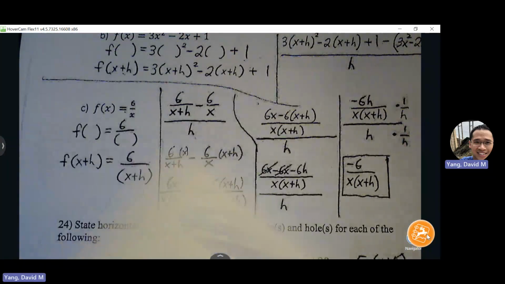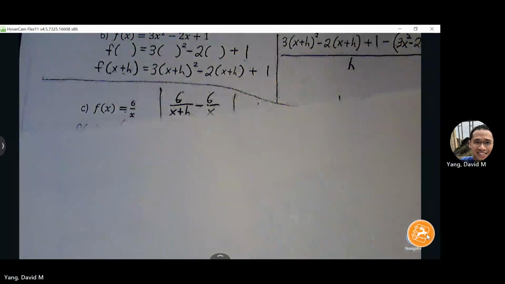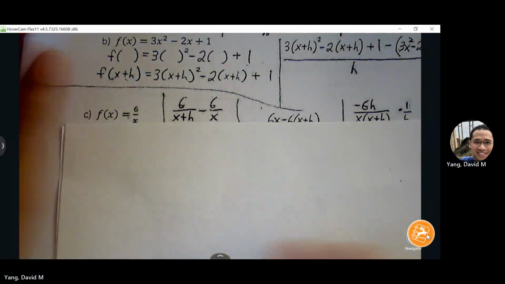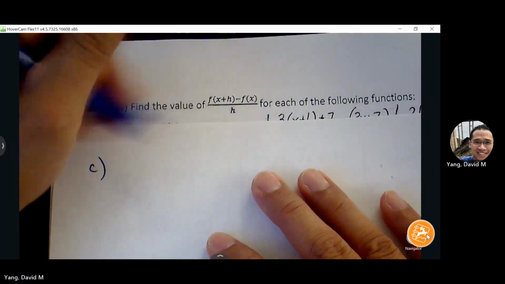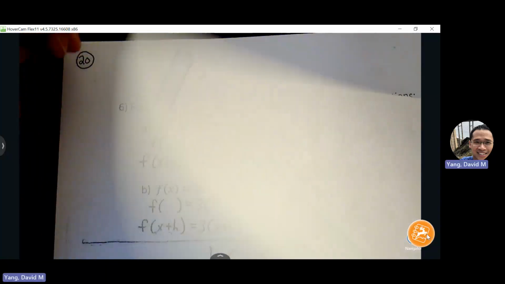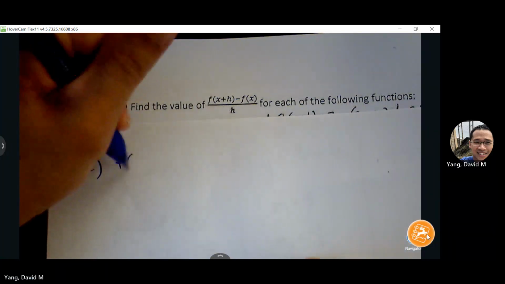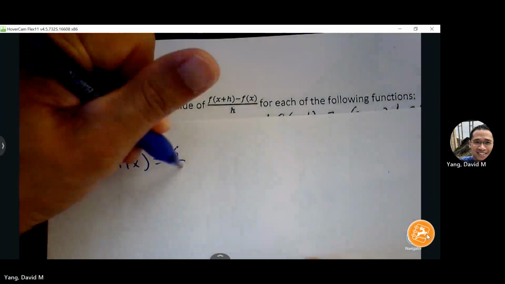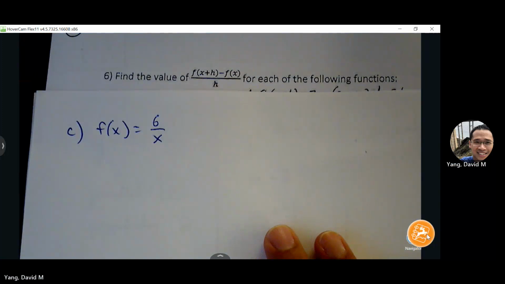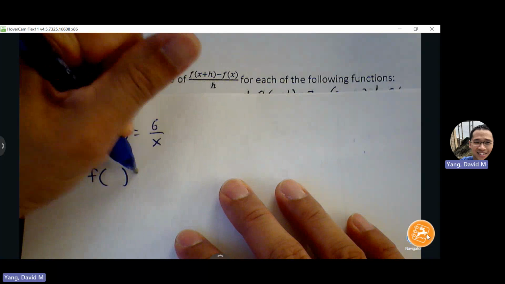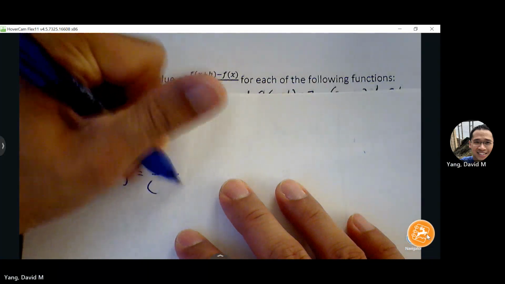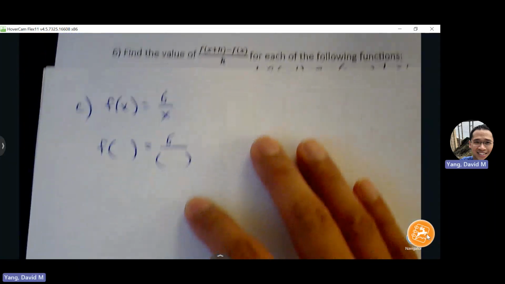Part C. f of x equals 6 over x. Reserve a space for my x plus h.